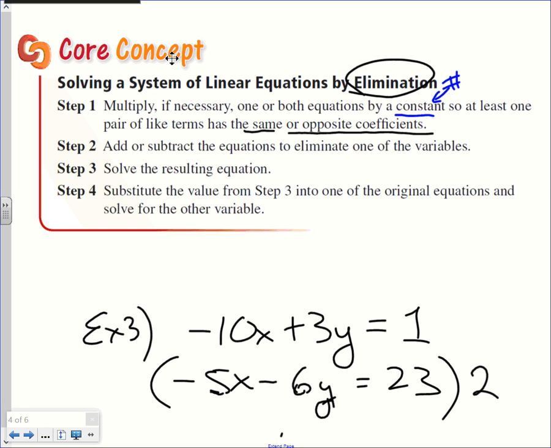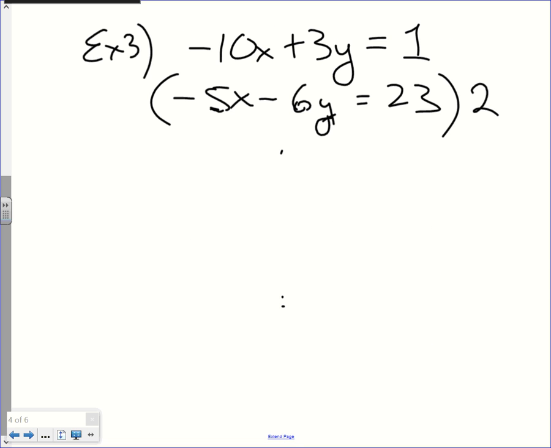So I'm multiplying the whole equation by 2. Let's see what happens. What's 2 times negative 5x? Nice.